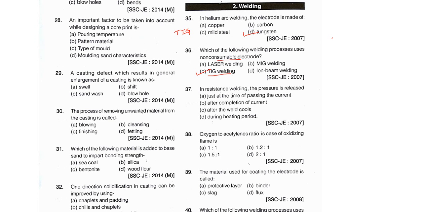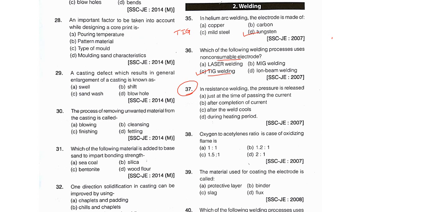Next, in resistance welding, the pressure is released: A, just at the time of passing the current; B, after completion of current; C, after the weld cools; and D, during the heating period. A very important and a good question.